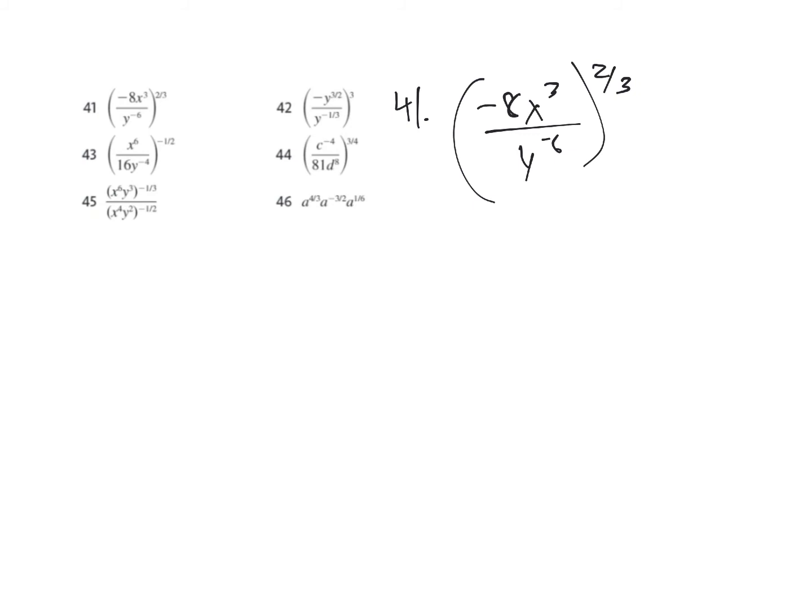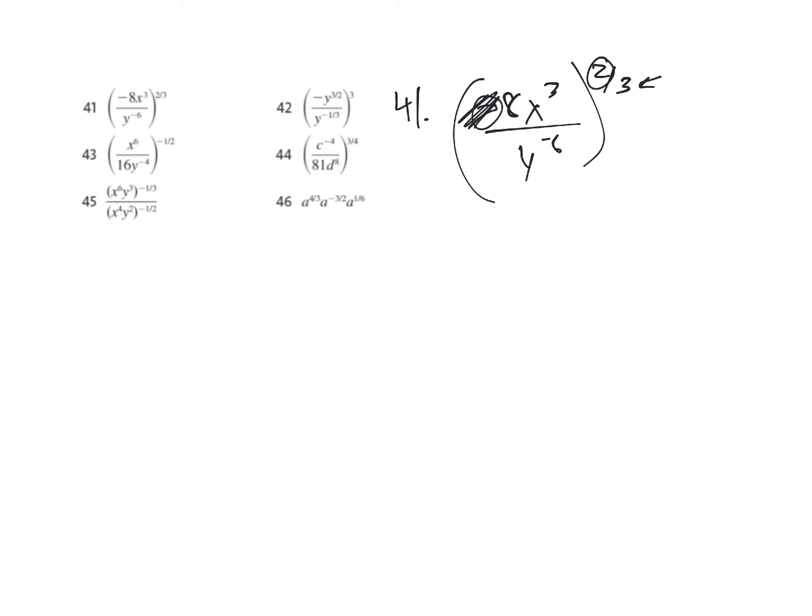Now, inside the parentheses, it's negative, raised to an even exponent. The 3, the denominator here, represents a root. So you could take the cube root of a negative and you'd get a negative. But then you still have to square it. You're taking it to an even root. So this negative is now not even necessary.